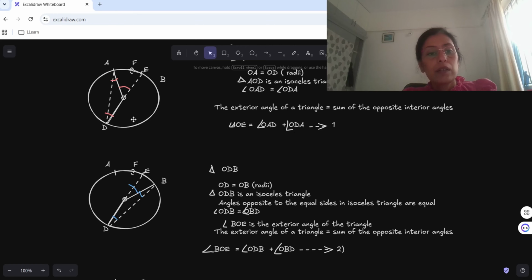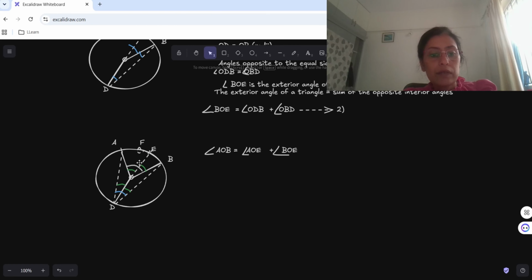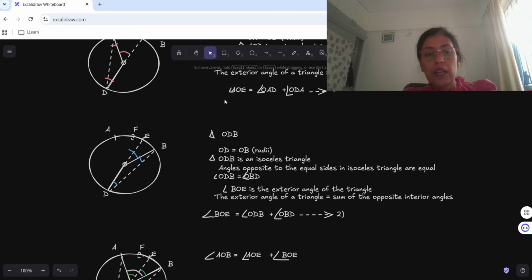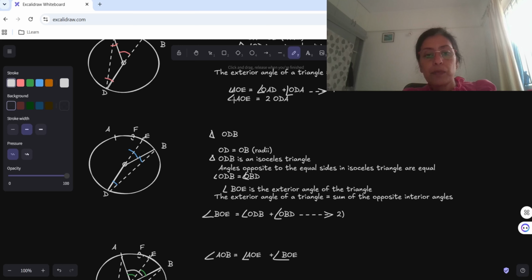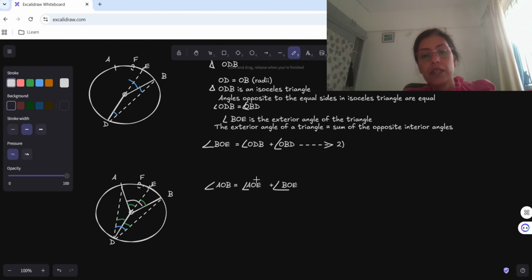Okay. What is OAD and ODA? This is OAD, ODA, right? So we can also say from here that angle AOE is equal to twice ODA, right? Can you see that? OAD and ODA are equal. So we can write this as ODA plus ODA, which makes it 2 of ODA, right?